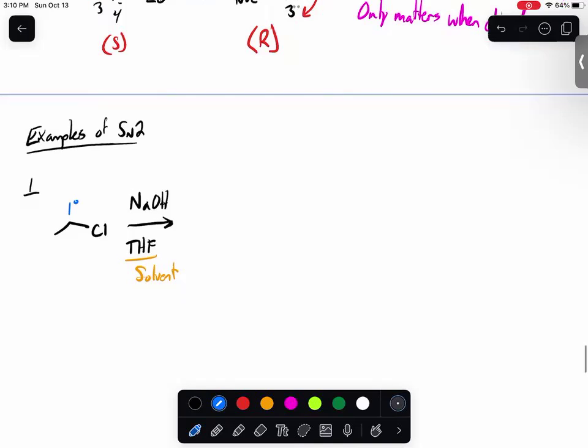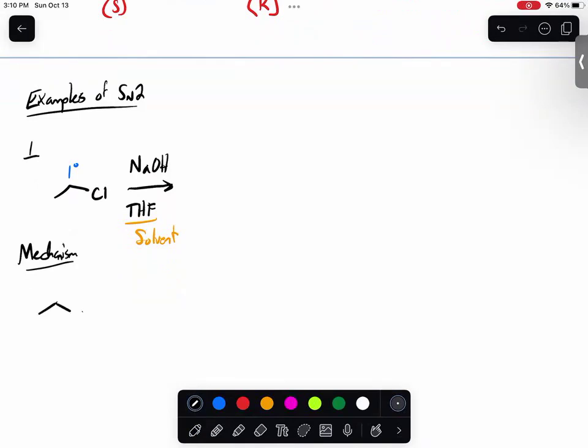So because of that, we can say, all right, what would the mechanism of this look like, right? Because we have to provide that roadmap for what's happening in our reactions. Well, we have our alkyl chloride. We have the sodium, which is a spectator ion. And then we also have our hydroxide, which we know is a strong nucleophile. We also know that chlorine is a good leaving group. So we have our strong nucleophile and our good leaving group.